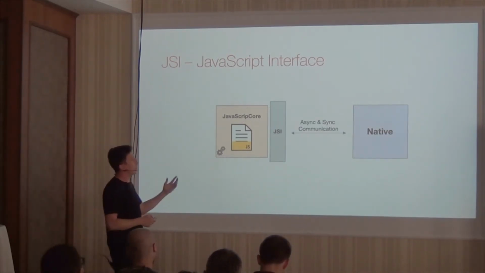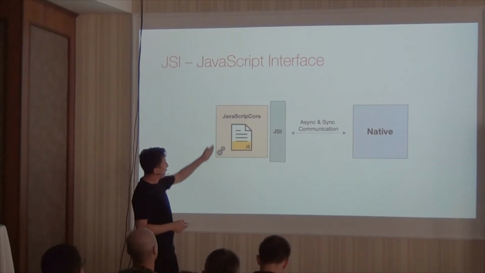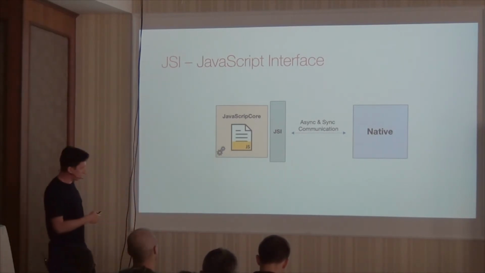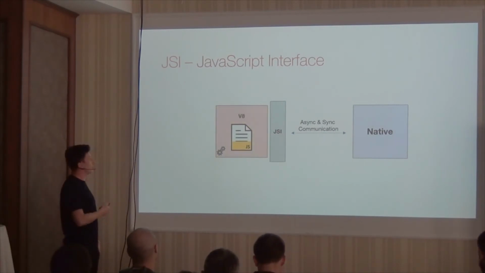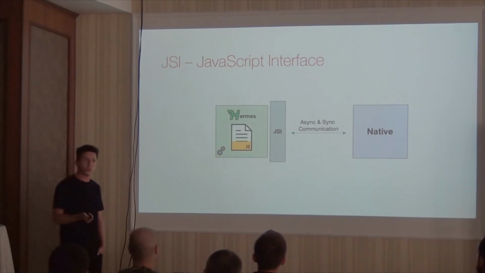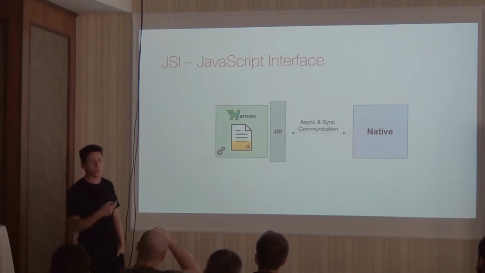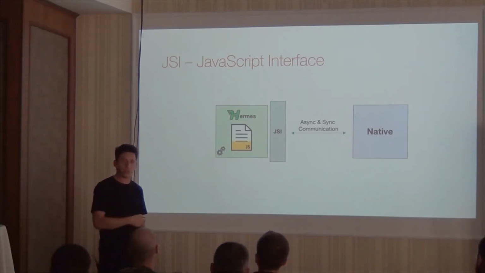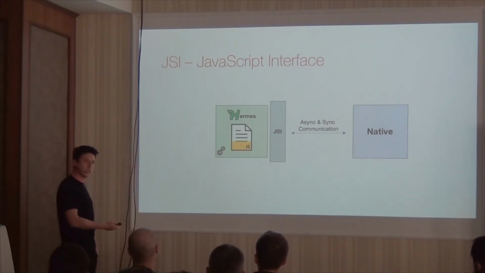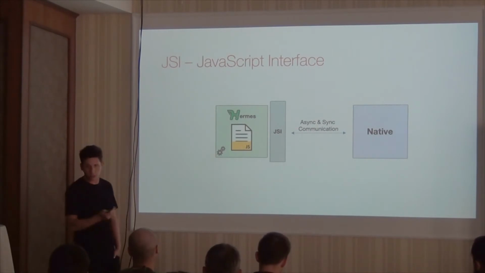So now we have async or sync communication, and we have the JSI abstraction layer, and we are able to replace the JavaScript Core with, let's say, V8 or Hermes. If you know, last week Facebook released a new JavaScript engine called Hermes that is adjusted for React Native and for mobile in general.